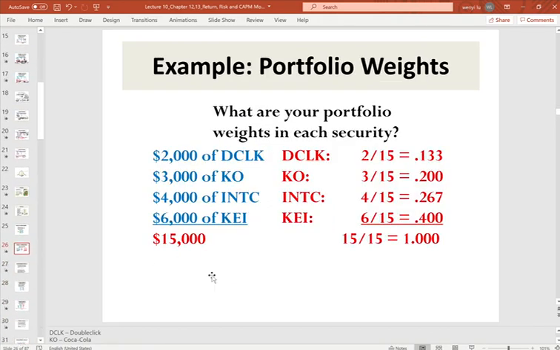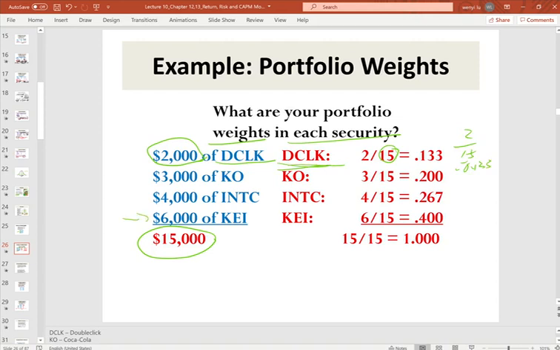We want to solve first the weight for each security in your portfolio. What's the weight of DCLK? It will be the total amount you allocate into DCLK over the total amount of the portfolio. For DCLK you spend $2,000, and the total amount of the portfolio is 15,000. So the weight will be 2 over 15, equal to 0.133.